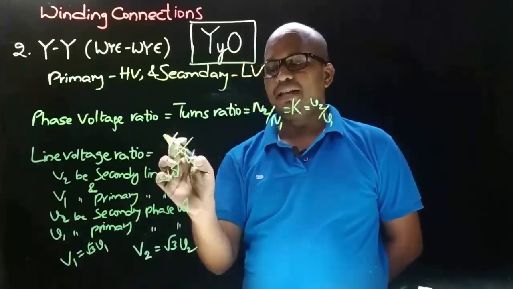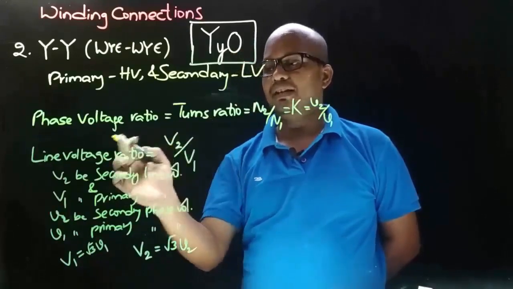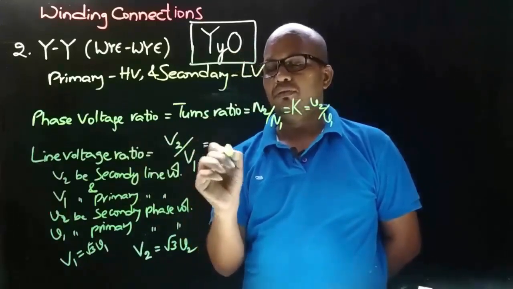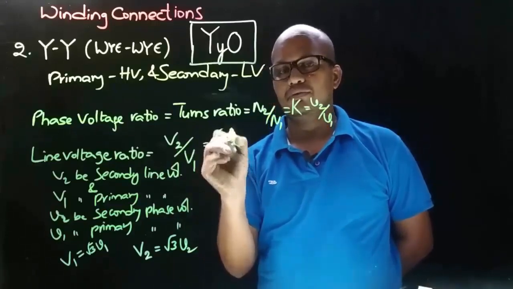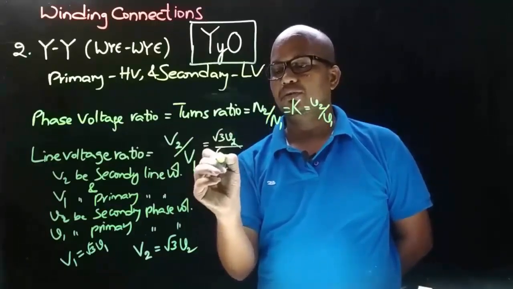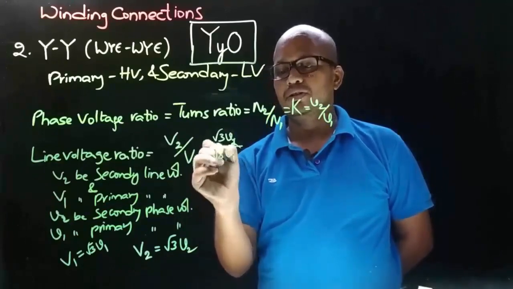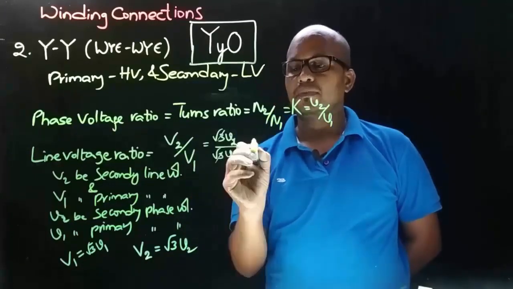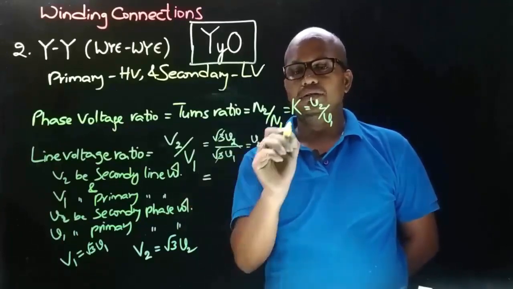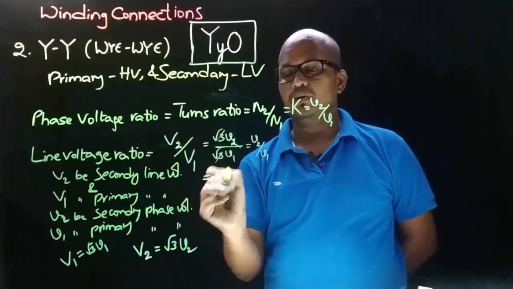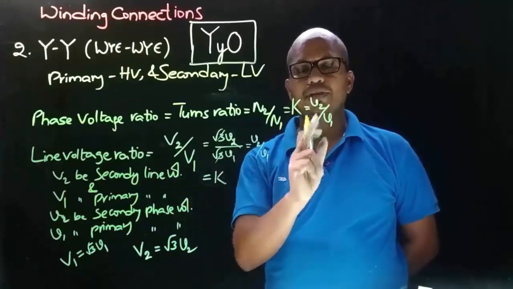Now replace capital V2 and capital V1 in the line voltage ratio with the phase voltage relations. So it can be taken as equal to root 3 times small v2 divided by root 3 times small v1. So root 3 cancels, and it is equal to small v2 by small v1, and that is equal to K, because K is equal to small v2 by small v1.